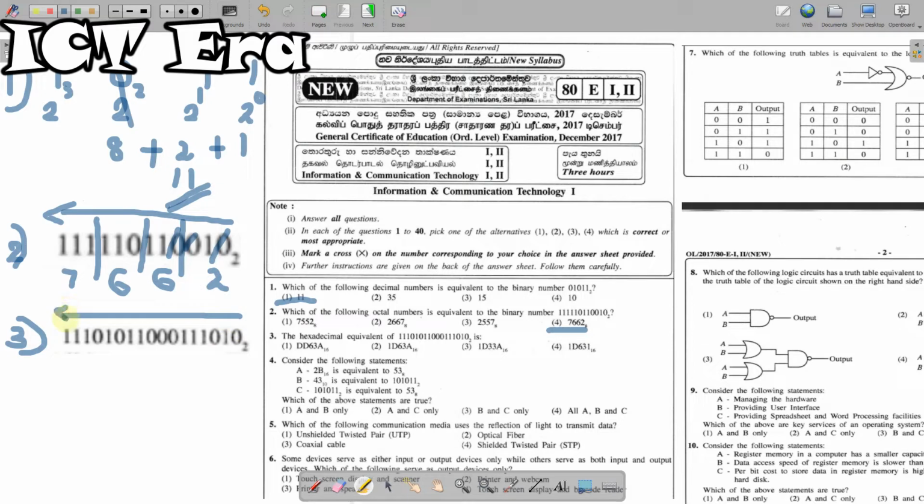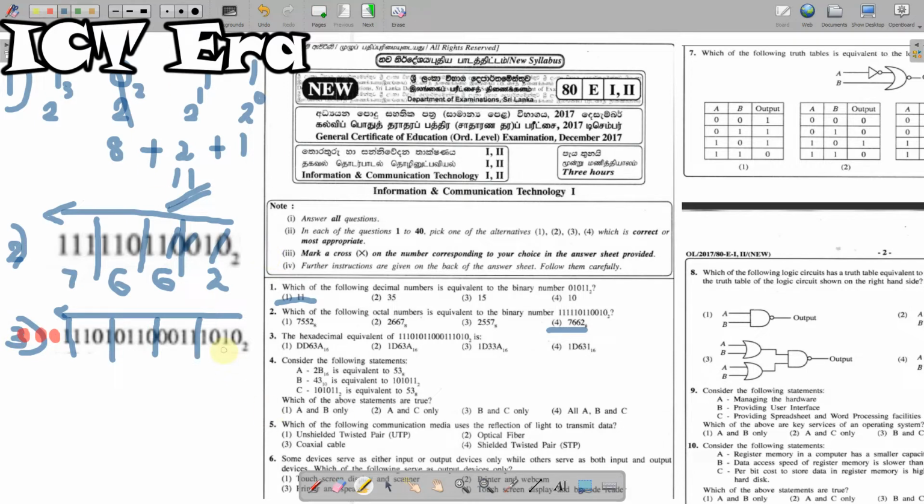So let's convert 1 2 3 4, then again 1 2 3 4, 3 4, 1 2 3 4. Then a 1 is remaining, so to this one we can add another 3 zeros to fill the other 3 bits.